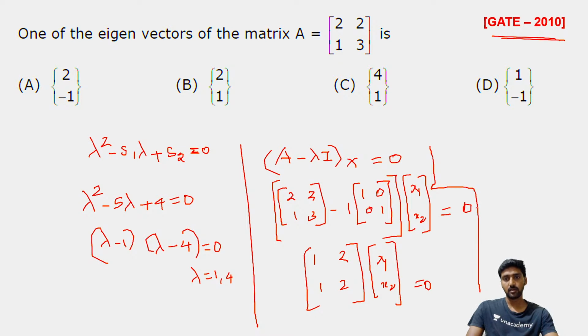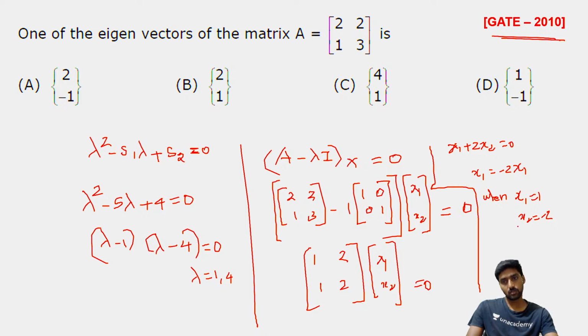So coming to this point, we are getting x1 plus 2x2 is equal to 0. Now x1 is equal to minus 2x2. Now we need to consider x1 is equal to 1, then x2 is equal to minus 2.